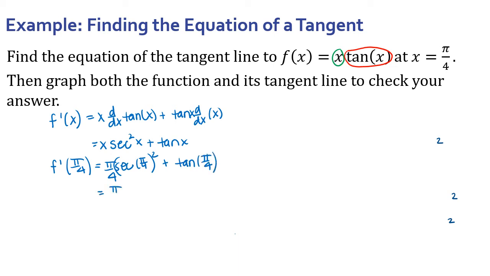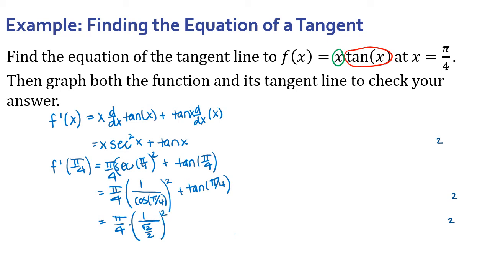So that's going to give me pi over 4 times, so the secant of pi over 4 squared is the same thing as 1 over the cosine of pi over 4 squared, plus the tangent of pi over 4. So the cosine of pi over 4 is root 2 over 2. The tangent of pi over 4 is 1.